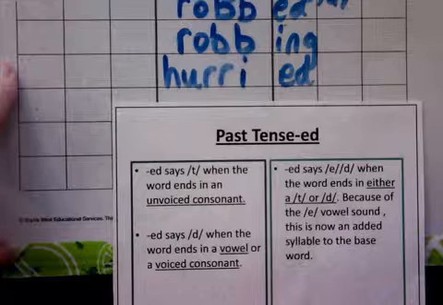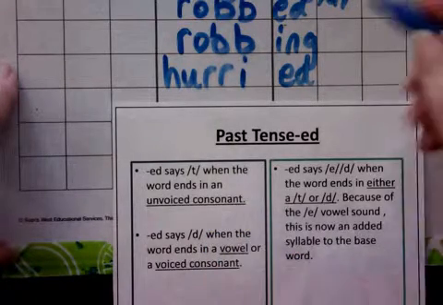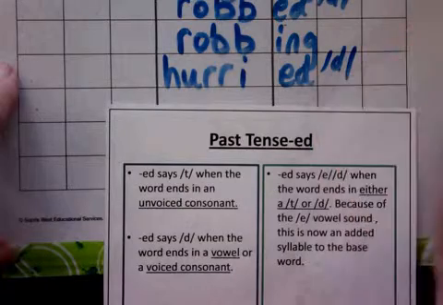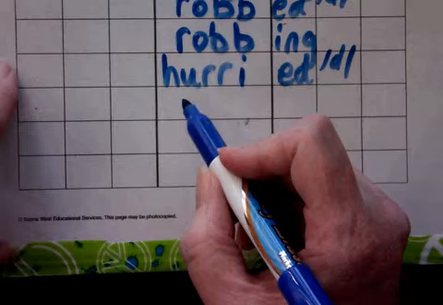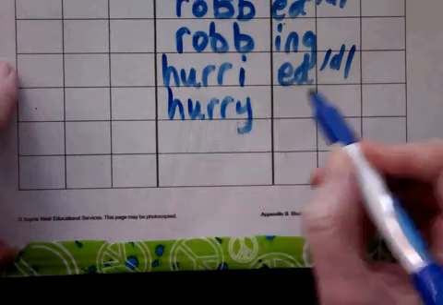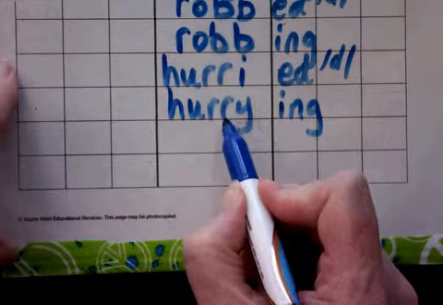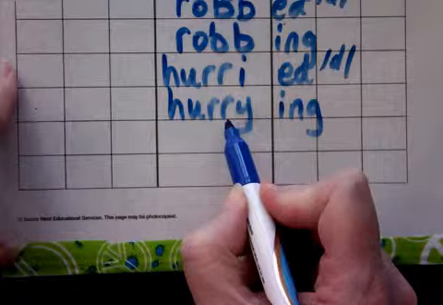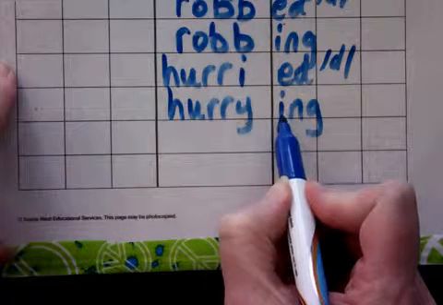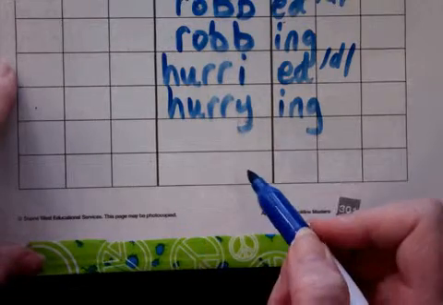Let's see, where can I put this so you can see it? There we go. A vowel. The ed says D. Hurried. The next word is hurrying. Our base word is hurry. Our suffix is ing. The Y has a consonant in front of it. You would change it, but the suffix starts with an I, so the Y stays where it is.